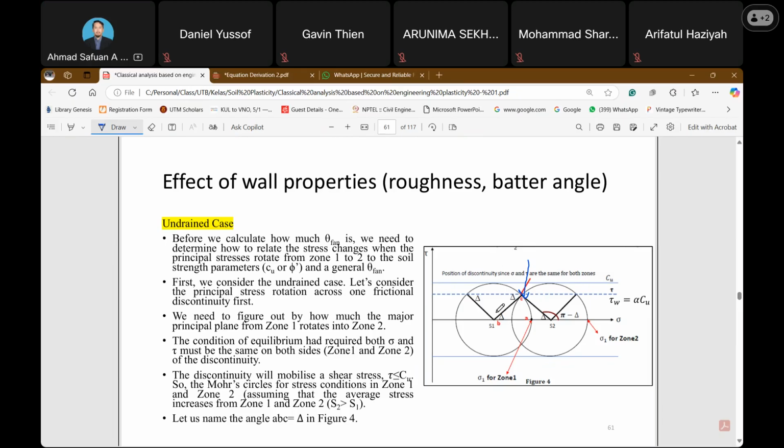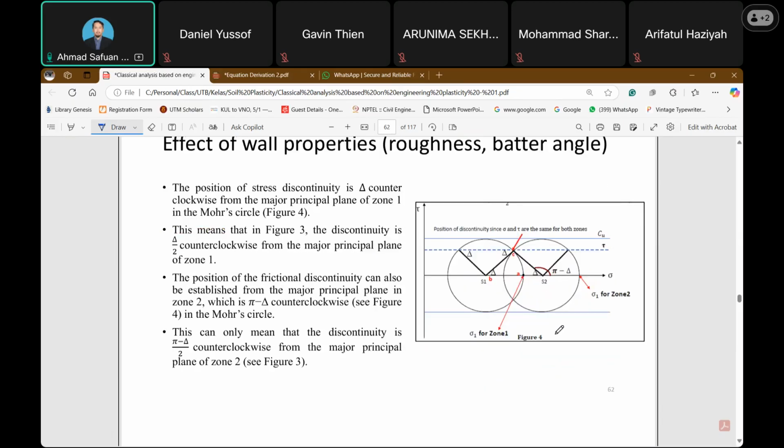The position of the stress discontinuity is delta counterclockwise from the major plane of zone 1 in the Mohr-Coulomb circle. This means that in figure 3, as I mentioned before, anything in the Mohr-Coulomb circle we need to divide by 2 to be translated into the actual normal diagrams. So look again at figure 3.